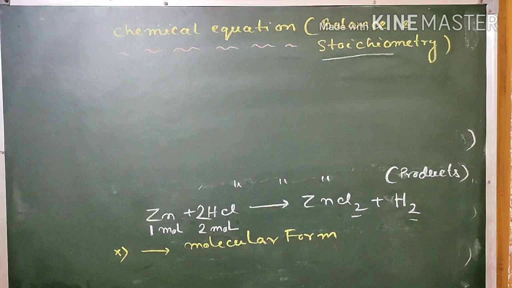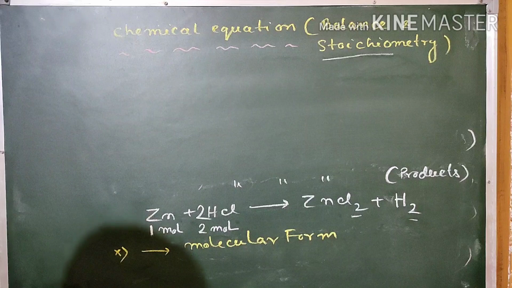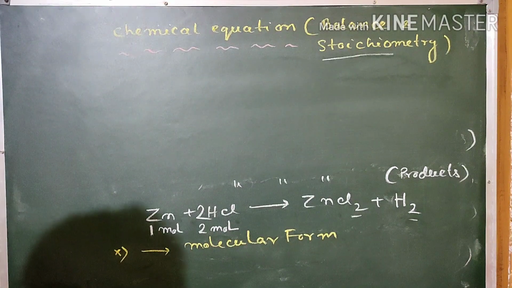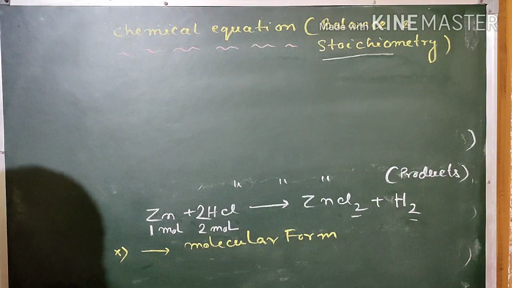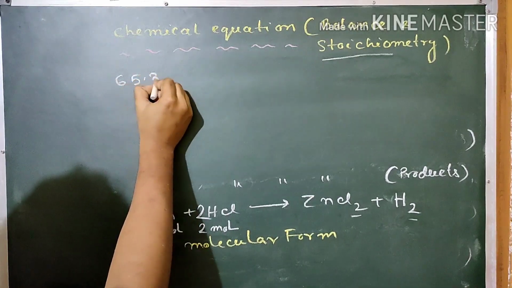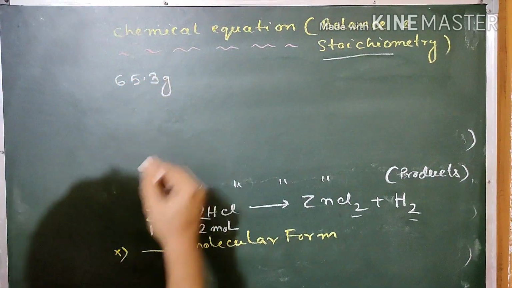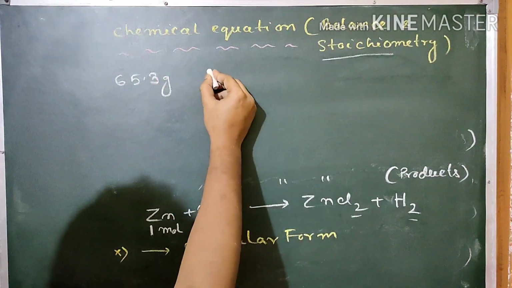we should be able to write that, suppose we know the atomic mass of each and every one of these. So in this case, what we can say is zinc is suppose 65.3 gram, 2 HCl. Hydrogen I think is 1 and chlorine is 35.5.